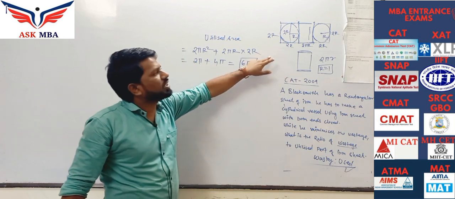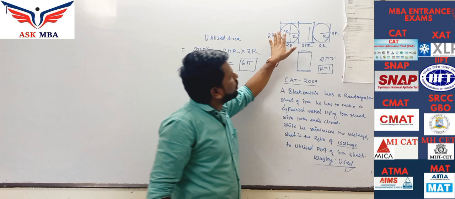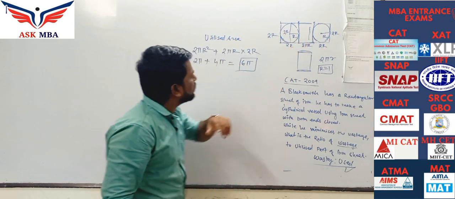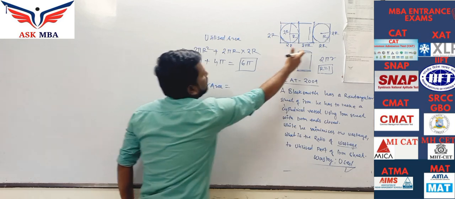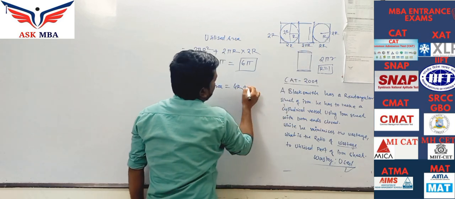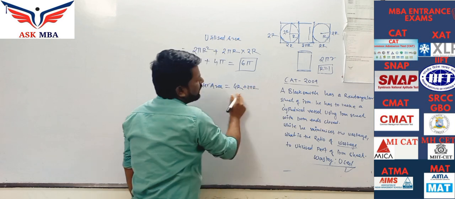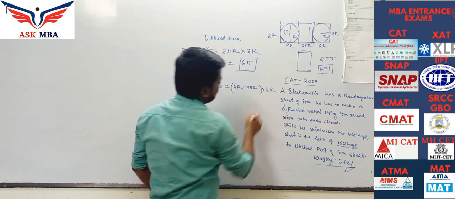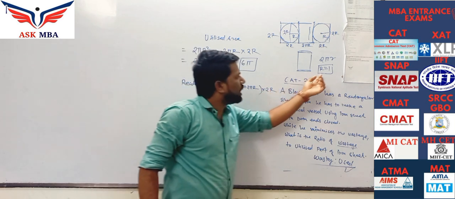How to get wastage? Wastage will be total area minus utilized area. So I need to find the total area. 2r plus 2r, that is 4r, plus 2 pi r. This is your length into breadth. Just put the value of r equal to 1.